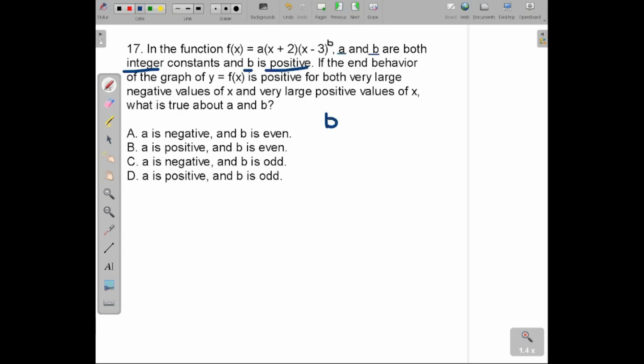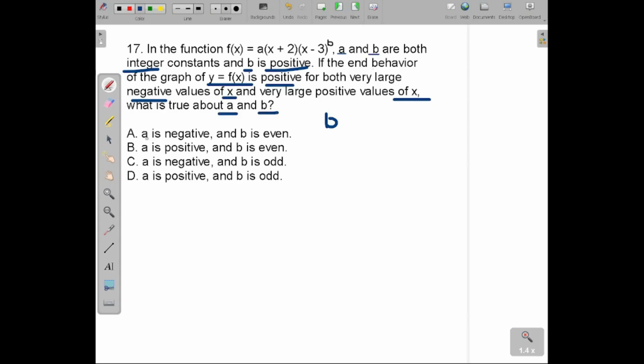So we know that b is positive. If the end behavior of the graph y equals f of x is positive for both very large negative values of x and very large positive values of x, what is true about a and b?